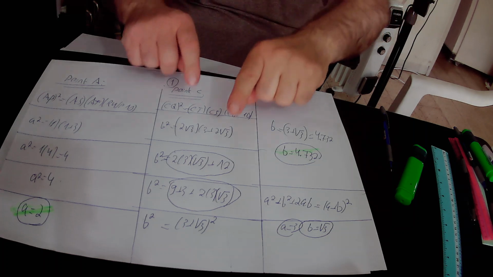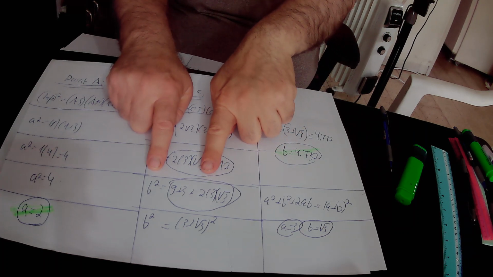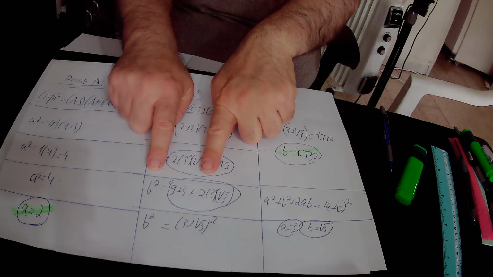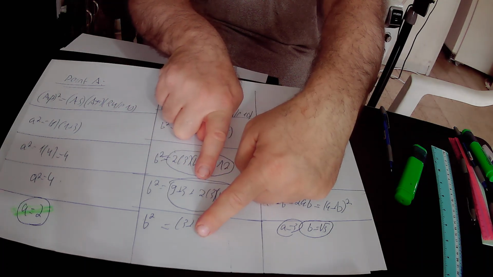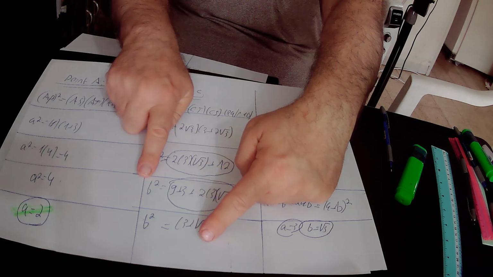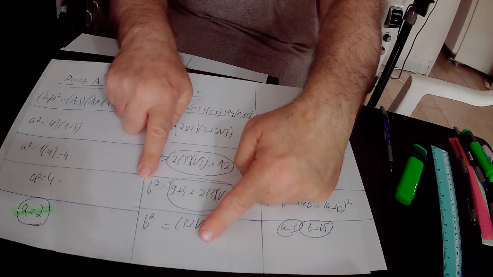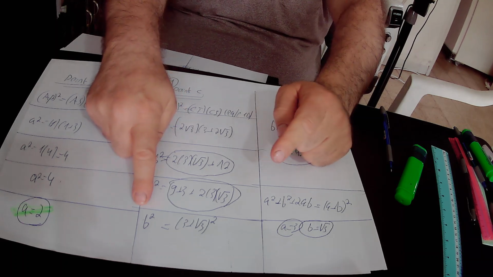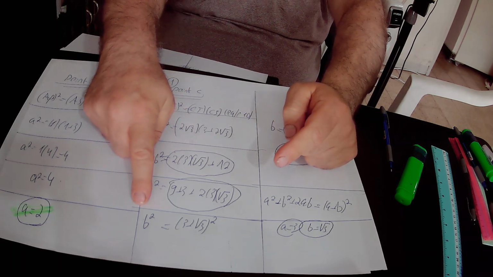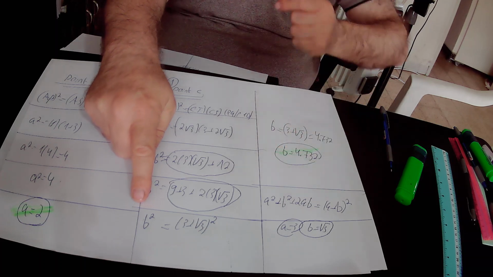And because those two expressions are equal to each other, and those two expressions are also equal to each other, it means that those two expressions must also be equal to each other. That is to say, B squared must be equal to 3 plus square root of 3 squared.